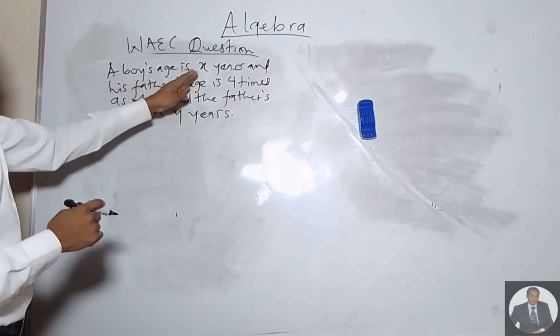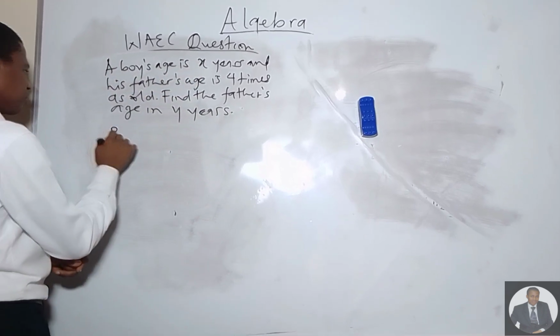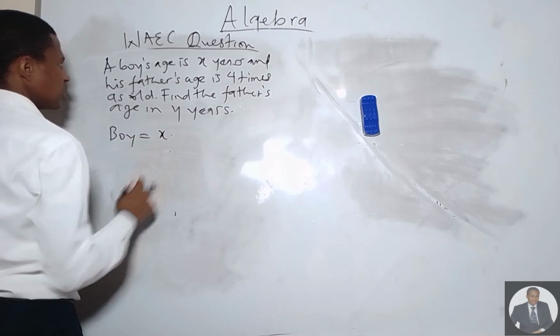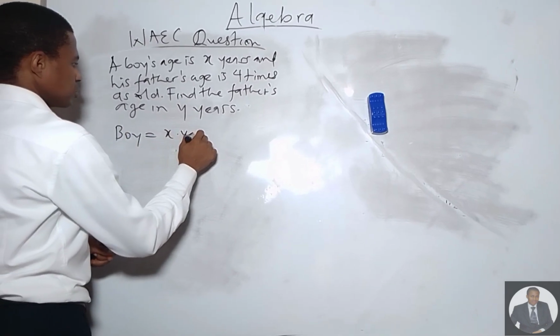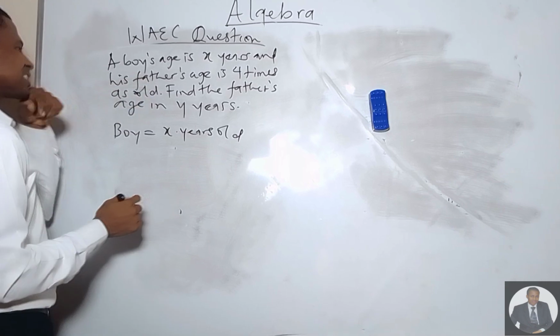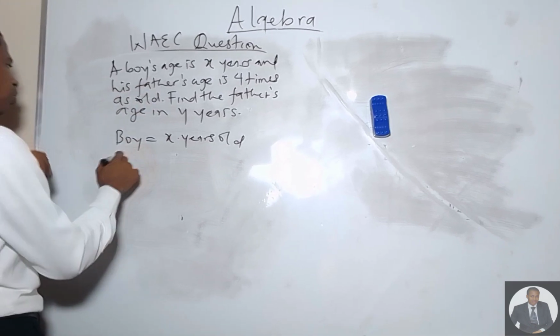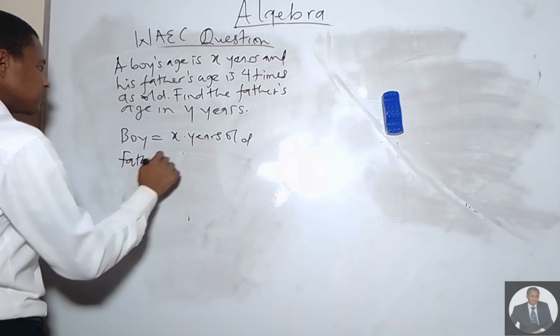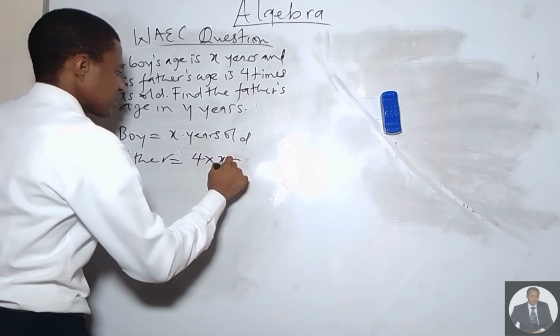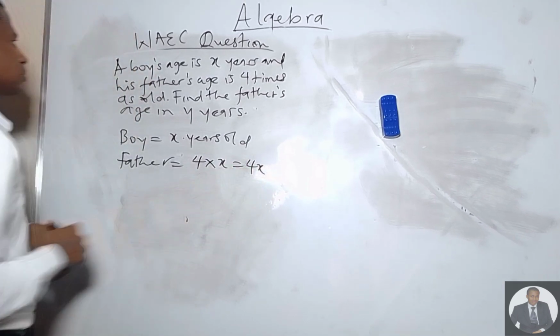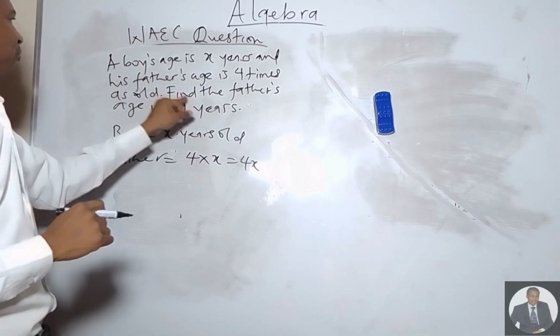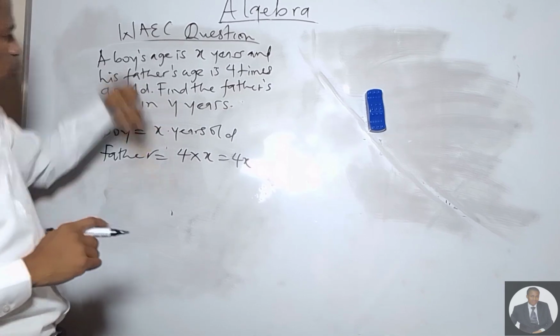A boy's age is x years. So the boy is x years old. The father's age is 4 times, so the father will be 4 times x, that's 4x. We find the father's age in y years.